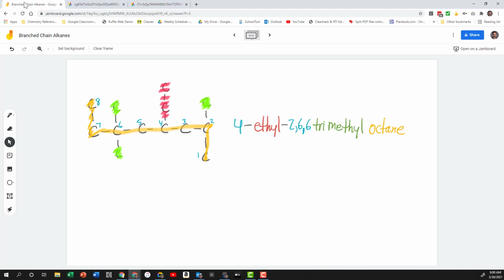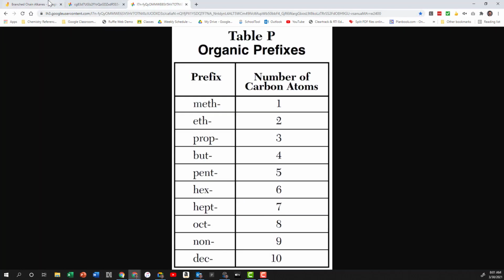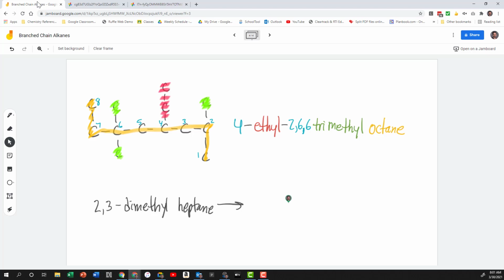So if I did a quick example, let's see, 2,3-dimethylheptane. First of all, a heptane is going to have 7 carbon atoms. So you just draw those out first. 1, 2, 3, 4, 5, 6, 7.